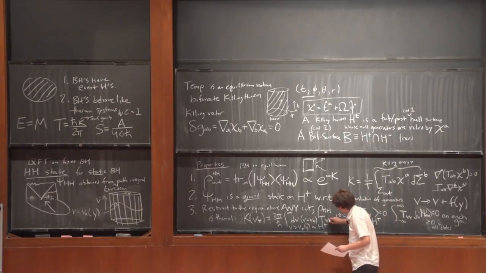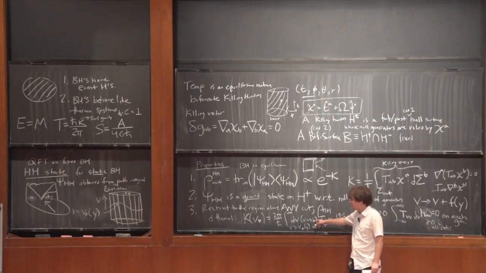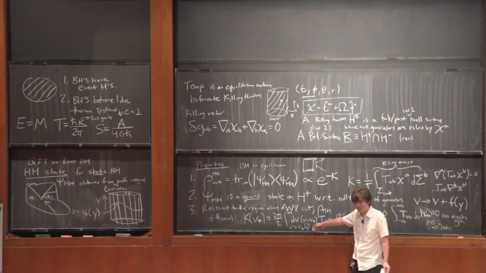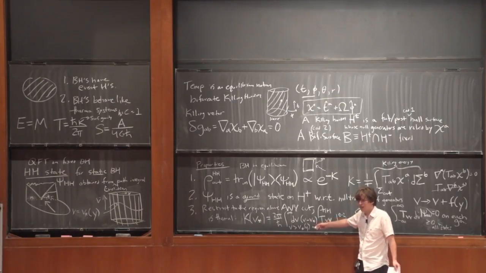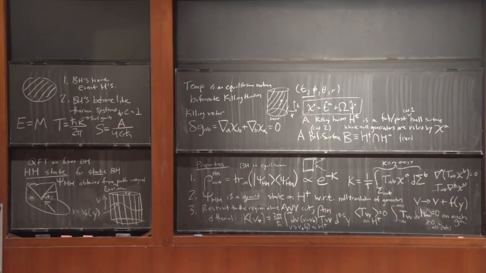This is v. Okay. So the thing about this is if we took v star equals 0 to be the bifurcation surface, this is just the formula for the boost energy falling across this horizon, because the boost energy is like an energy times a position, but in the null direction it's just T_vv times v.